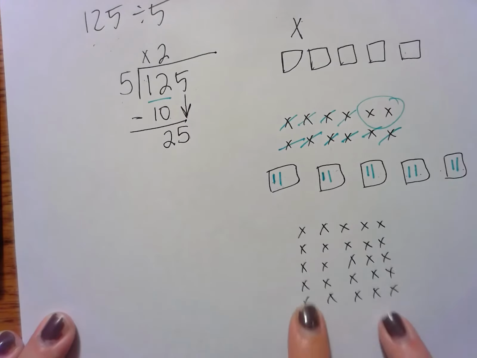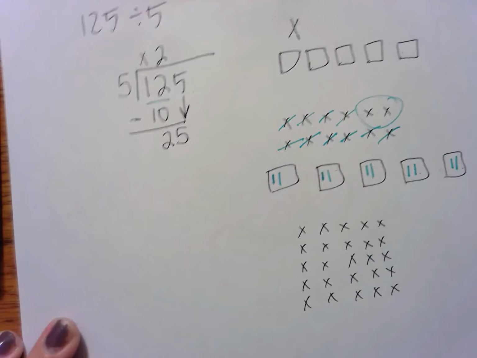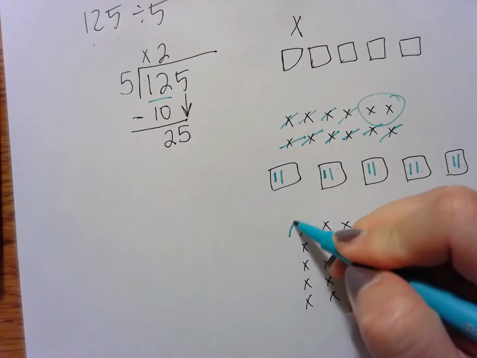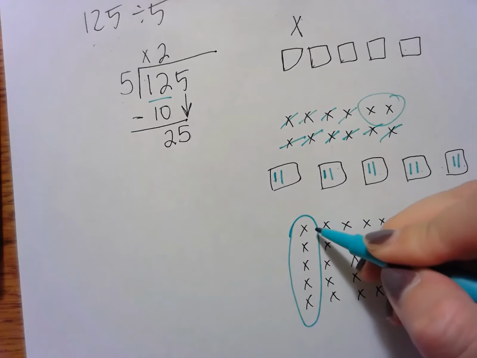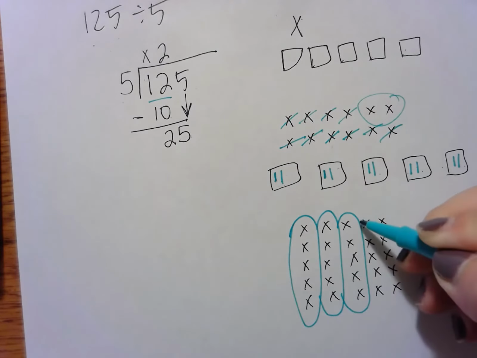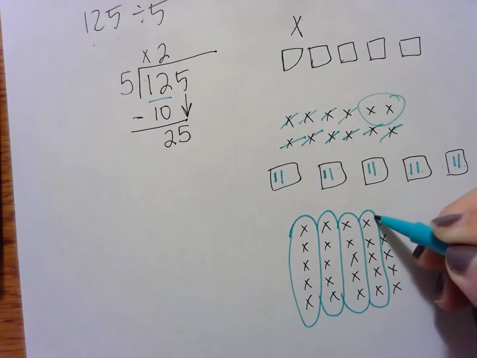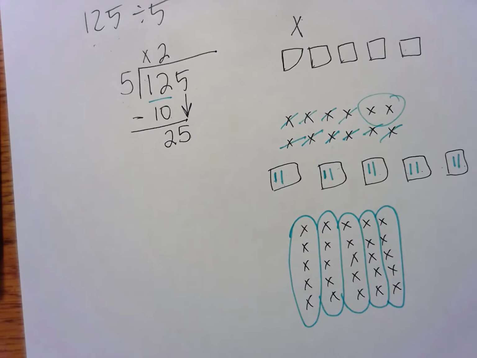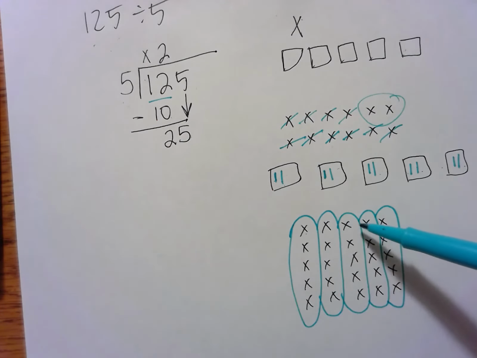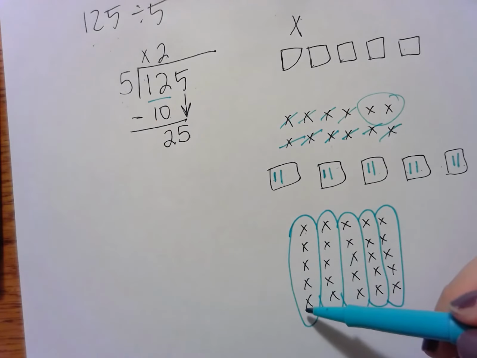And I need to divide these 25 X's up into 5 categories, and every category needs to have the same amount of X's. It's good to have extra because you can always make a decimal. In this case, we won't. But they all need to have the same amount. So every single one of these groups has 5. And we were able to make 5 groups with 5 each.